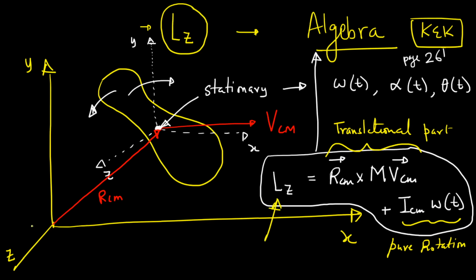Mind you, and I should have emphasized this at the beginning, we're talking about the same origin and the same position vectors and so on. So there is a fixed coordinate system with the origin and z-axis.